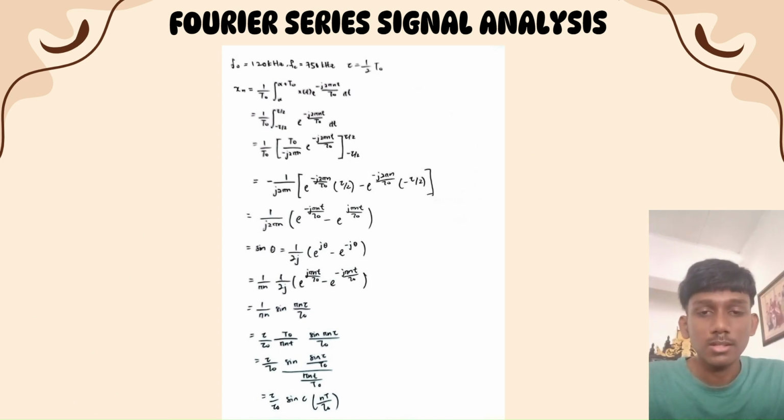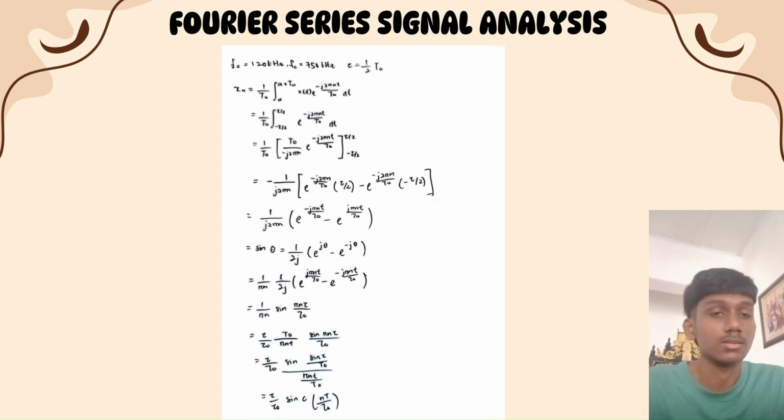For the Fourier series signal analysis manual calculation, the fundamental frequency F0 is equal to 120 kHz, the cutoff frequency F is equal to 75 kHz, the pulse is equal to 1 over 2 T0, and the period is equal to 1 over F0.